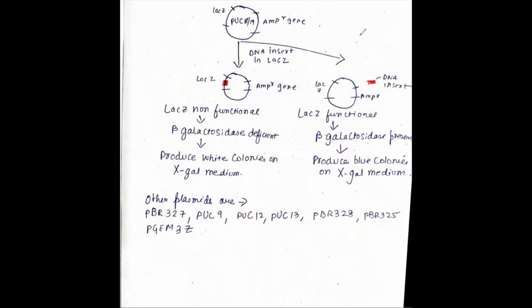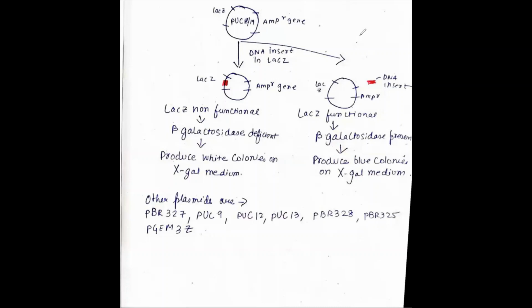You have other plasmids carrying different genes, and there are many, like pBR327, pUC9, pUC12, pUC13, pBR328, pBR325, pGEM3Z.